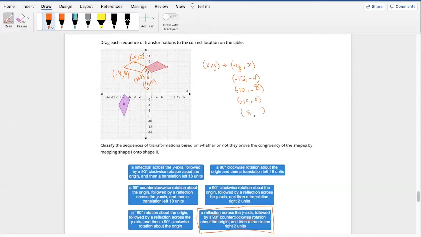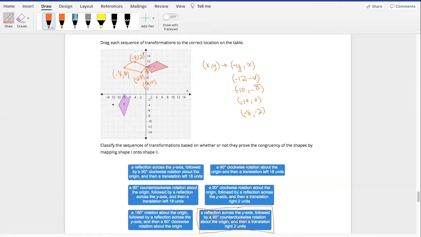And then 8 and -2, and that will become the opposite. So I did the reflection, now I'm rotating it counterclockwise, and this is where it would be located after that. Let's just draw that out and see.